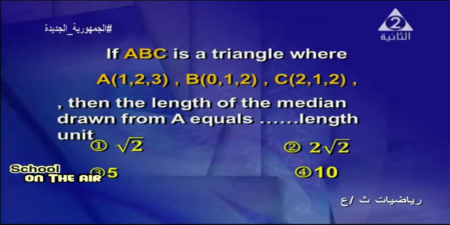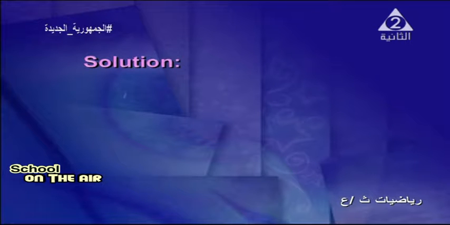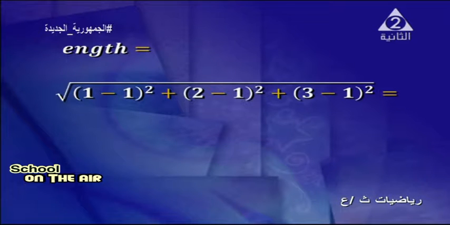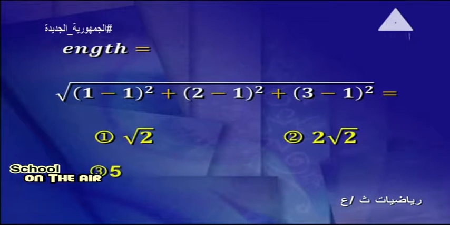This is the length of the median. Before we choose, look at the midpoint of BC: (1, 1, 2). Then the length of the median by using the rule equals what? In this case, by using a calculator, root 2.